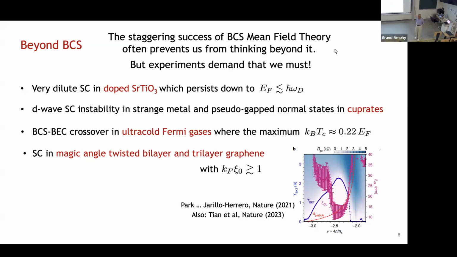And then already 3 years later, the community started to refuse some of these statements. Gapless superconductivity. We understood that the phenomenon of superconductivity can exist even without a gap, but you have supercurrent.